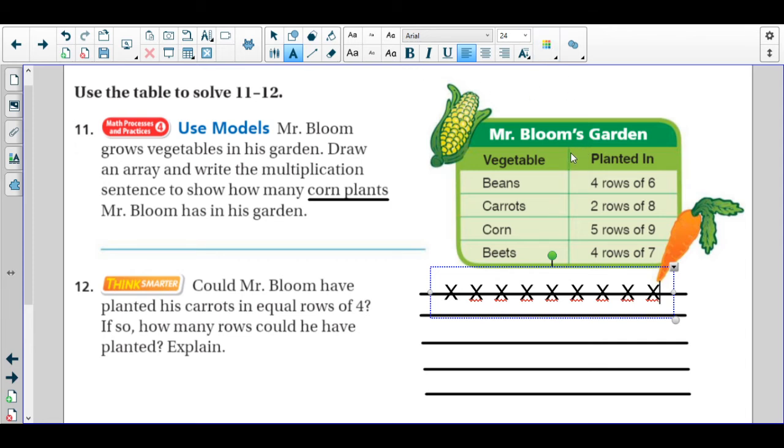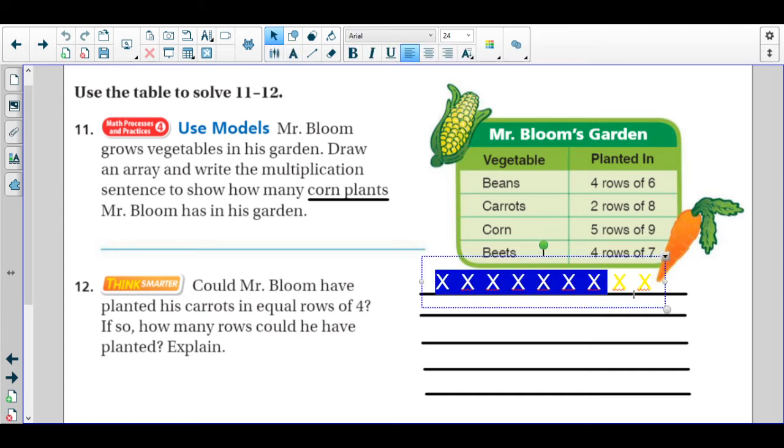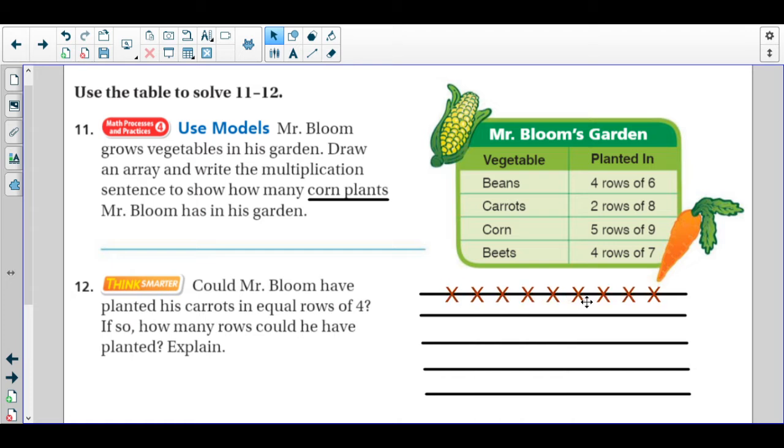Let's see, corn. Should we make it yellow? I don't know. We'll see if that shows up here. Let's see. Highlight all that. Oh, I can't see that at all. We have to undo that. Let's see here. I'll have to make that a different color. And we'll put it back something like this. There we go.